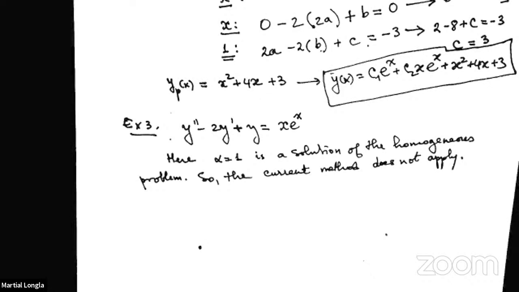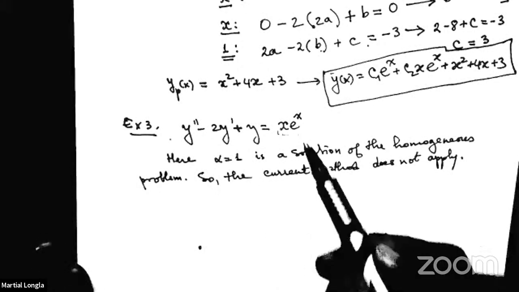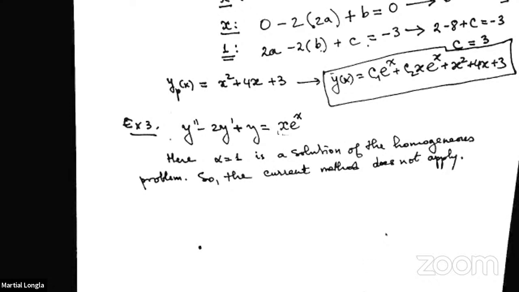And you only realize when you solve the whole thing and you figure out there is no way you can get the answer. And sometimes, even after going through it, some students don't realize because they're forced to get the answer. But there is no way you can get the answer if you just apply it the way we did. Why is that? Because technically this function, x e to the x, is a solution of the homogeneous problem.